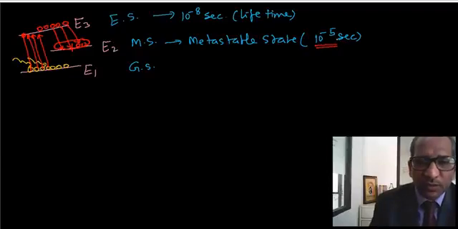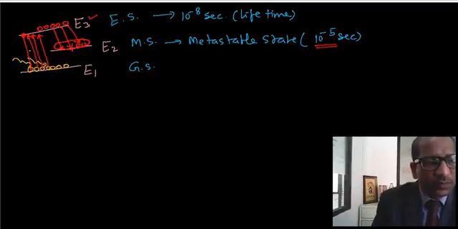Because the lifetime of this state is more as compared to the excited state. So almost all these atoms reach the excited state and jump into the metastable state, and now a situation occurs where we observe more atoms, N2, in the metastable state as compared to the ground state.